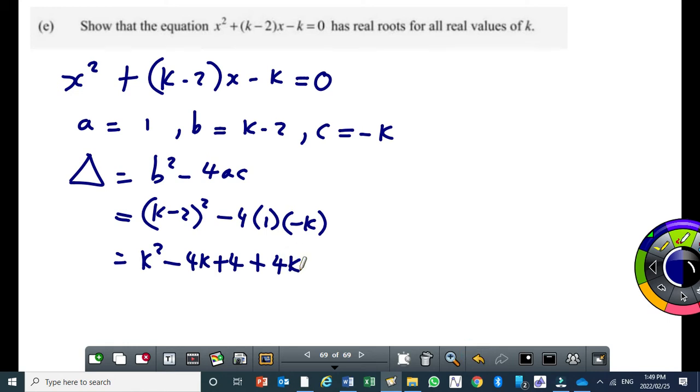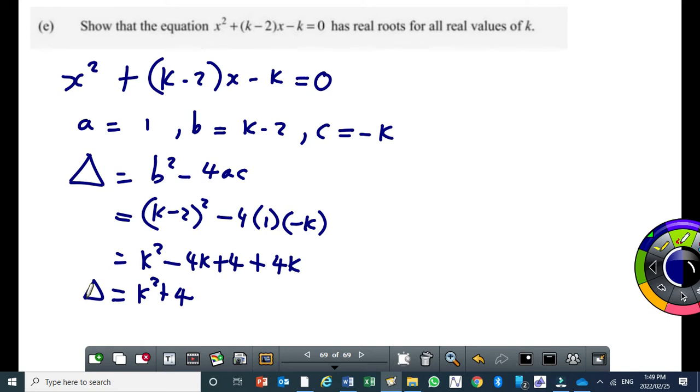If you did the question, you should have got this. So minus 4k plus 4k gives you 0, so that will be k squared plus 4. So this is delta. Is there anybody who did the question and you got this?